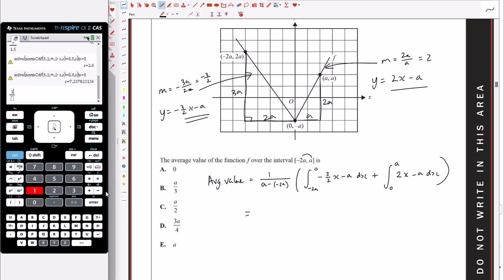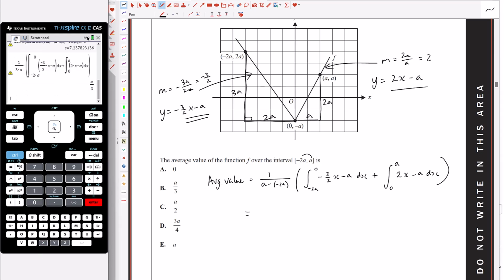So control divide, we're going to have 1 over a minus minus 2a, which is just 3a. And then we're going to have an integral from negative 2a up to 0, and the function for that bit will be negative 3 on 2 x minus a dx, plus another integral from 0 to a of 2x minus a dx.